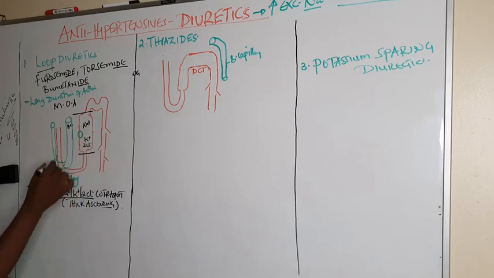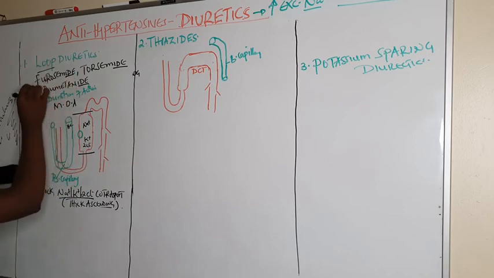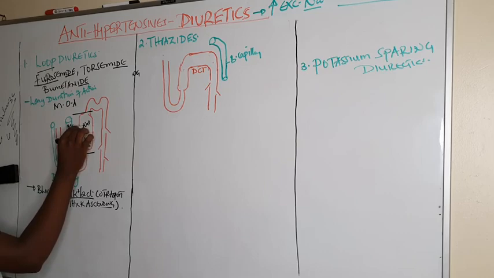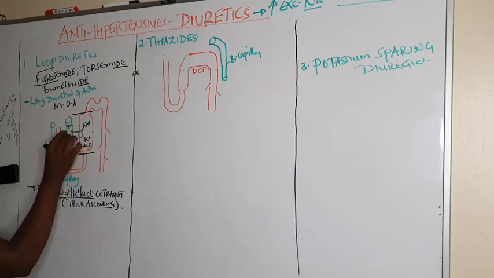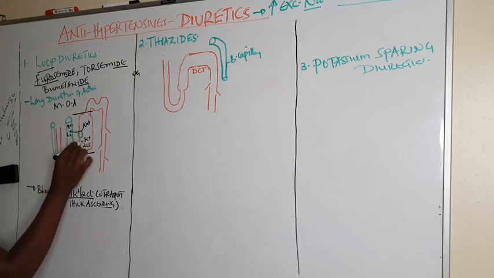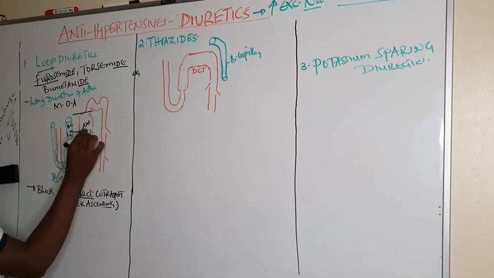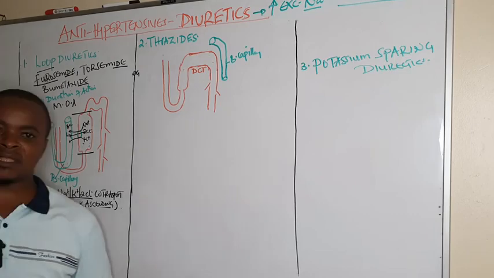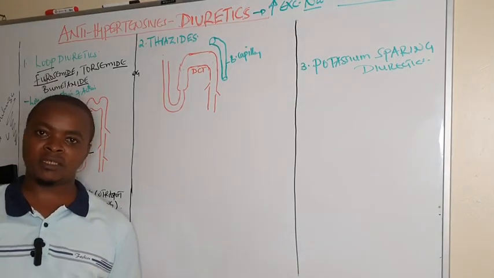In the absence of loop diuretics such as furosemide, this transporter is responsible for transporting sodium from the lumen to the blood capillary. Then we see also transportation of potassium to the blood, and transportation of 2 chloride ions to the blood. So this transporter enables their reabsorption back to blood.